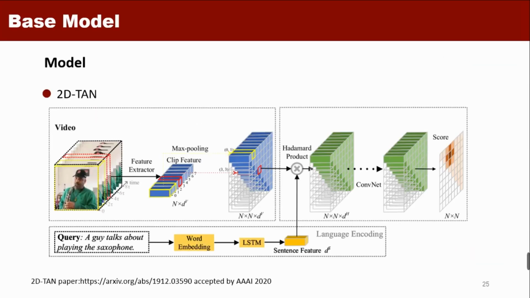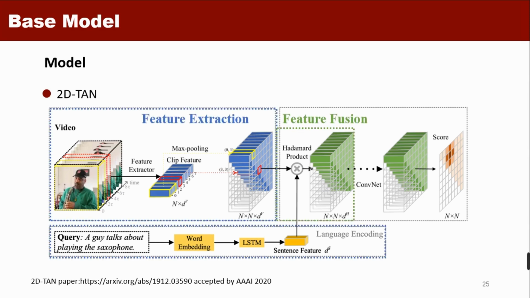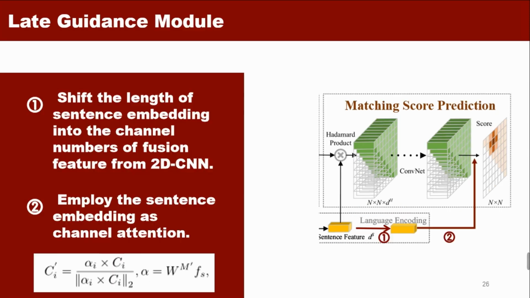They use the 2D temporal adjacent network as the base model, which was published at AAAI 2020. The base model follows the structure of feature extraction, feature fusion, and matching score prediction. For more detail, please refer to the original paper. Then, based on it, they make adjustments in the matching score prediction by channel attention.